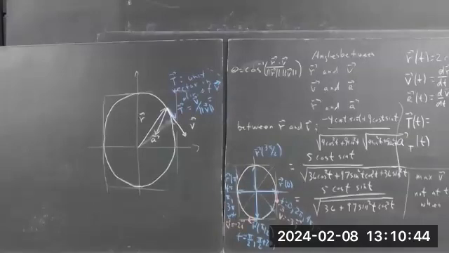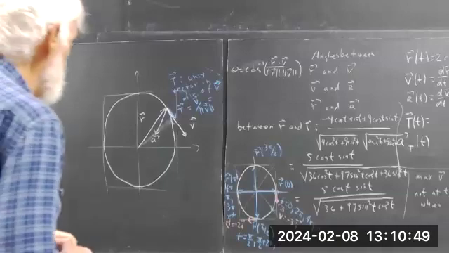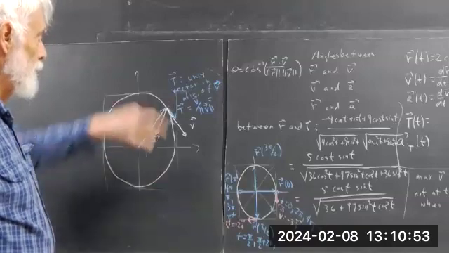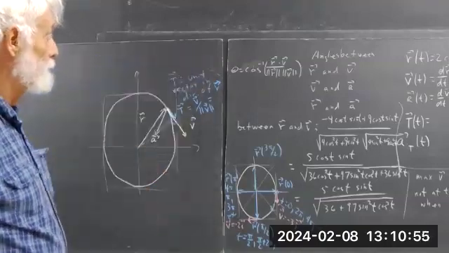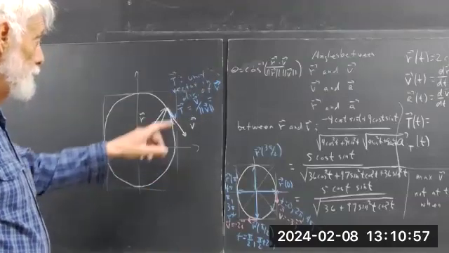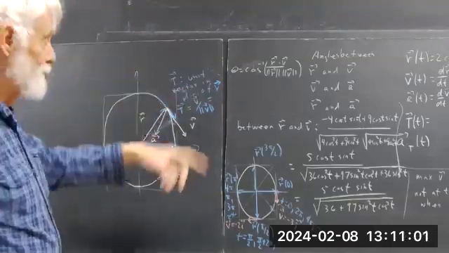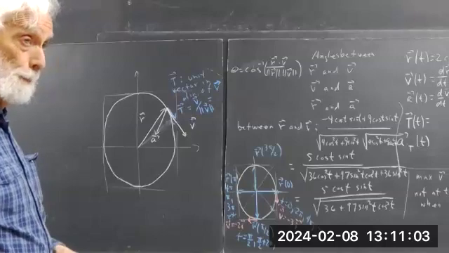So to find a unit tangent vector, that's a unit vector in the direction of V. And a unit vector in the direction of a given vector is that vector divided by its magnitude, right?